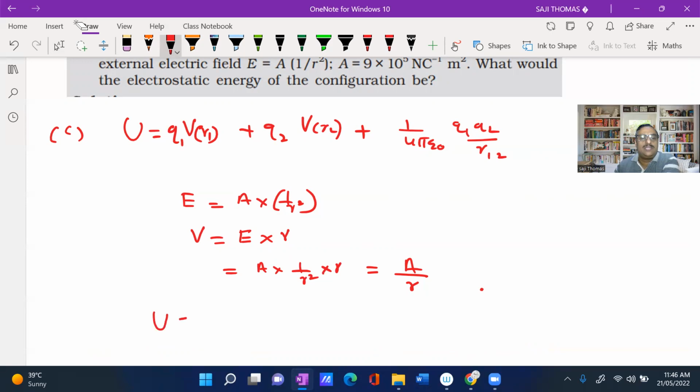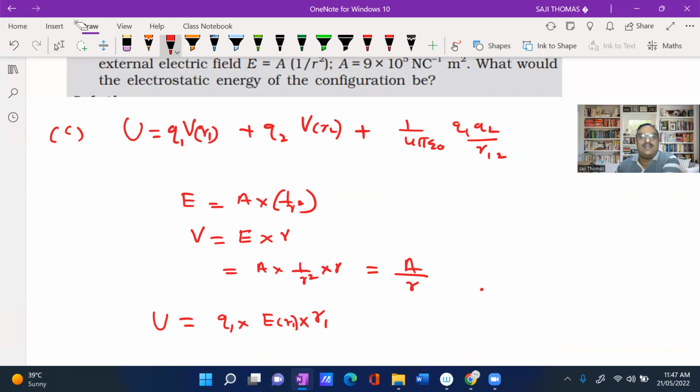U equals Q1 into V(R1), we write E(R1) into R1. The small R1 after E is in a bracket, that is not multiplied.